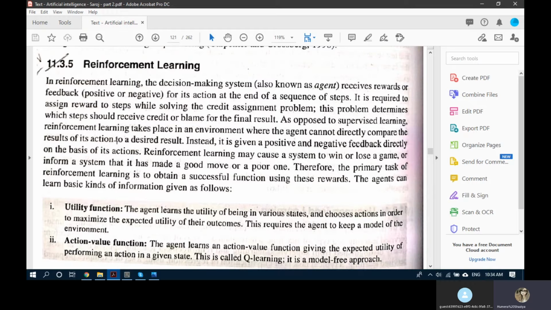The agent's functionality is achieved if it gets positive feedback, and hence this type of learning is all about an agent performing a task and receiving feedback.